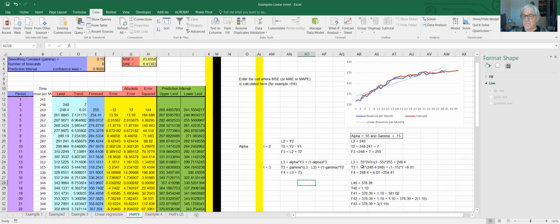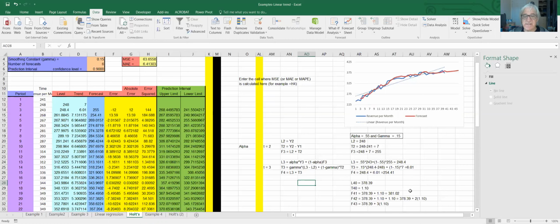Here it is. 0.15 times L3, which is 248.4, minus 248, which is L2 taken from here. Plus 1 minus 0.15 times the previous estimate of the trend, which was 7. You put it here, and you get a new estimate.